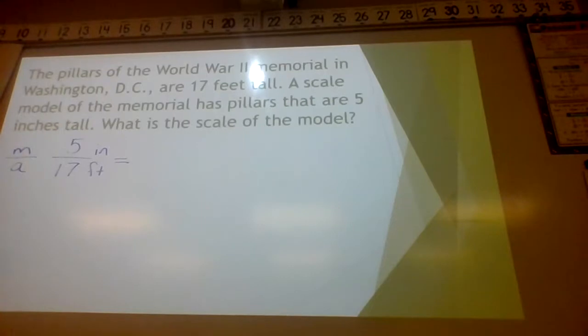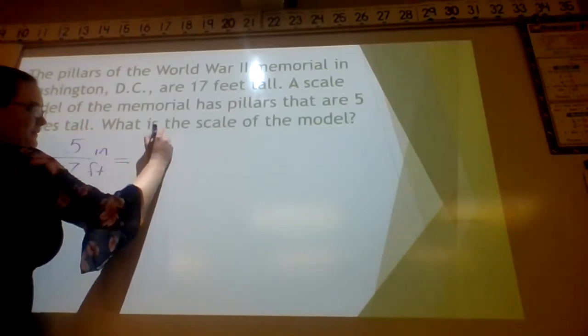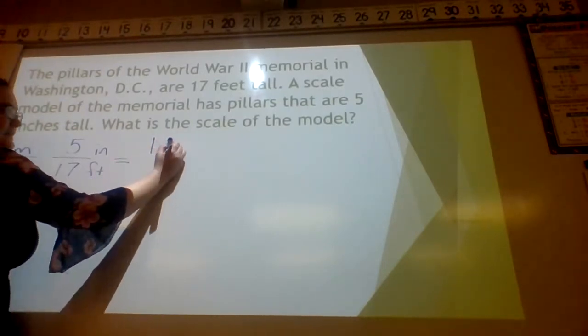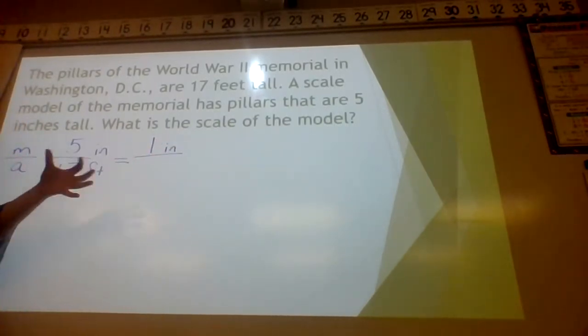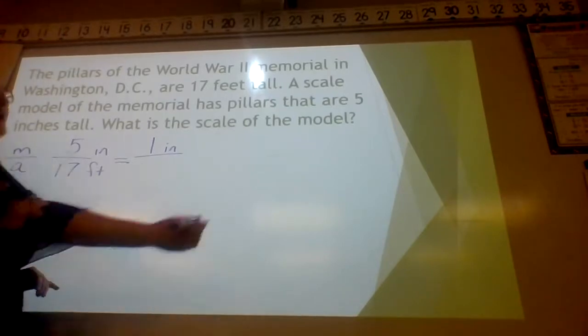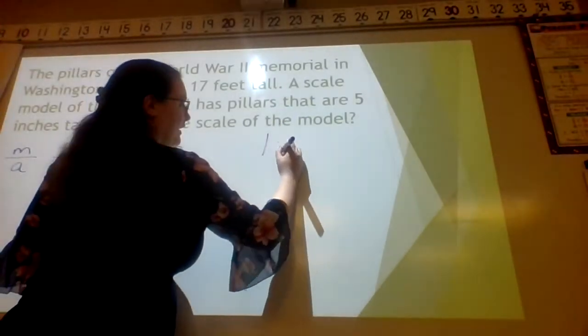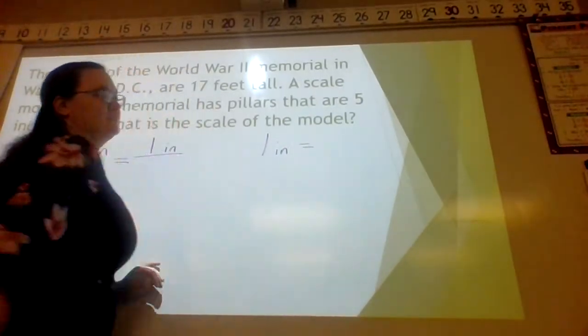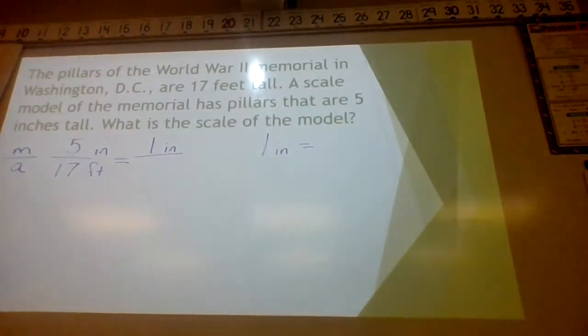Which one of these do we want down to a 1? All of you are confused. Okay. The numerator, the top. The model wants to get down to 1 inch, because we want every single scale answer to look like 1 inch, 1 foot, 1 whatever it is equals, find your scale.